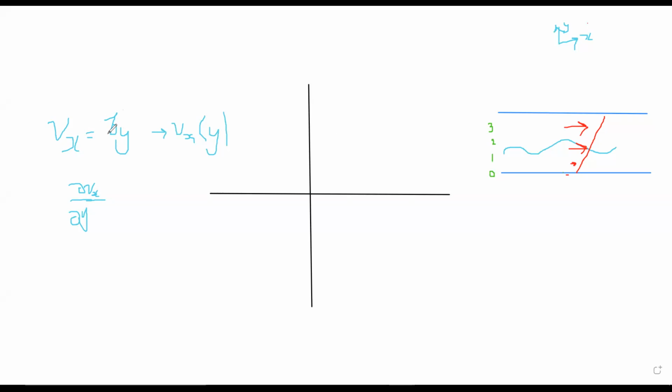So what that means, looking more in depth, is that the velocity in the x direction has a positive value.